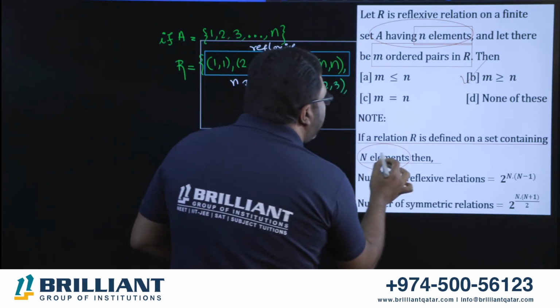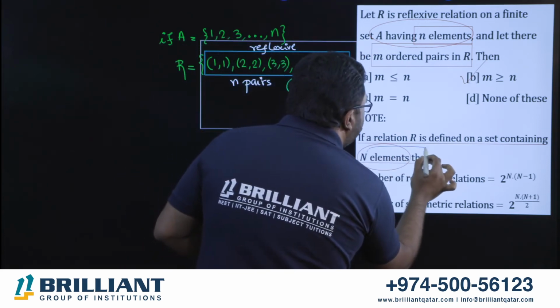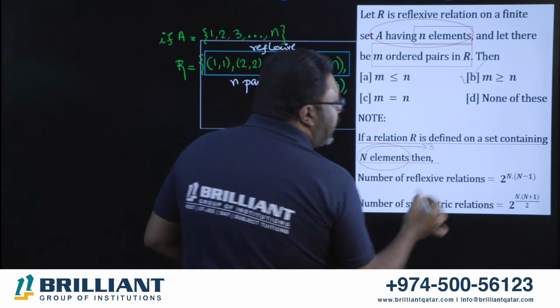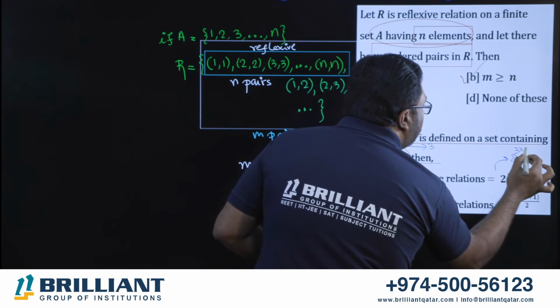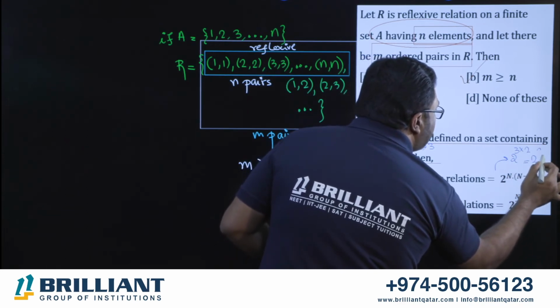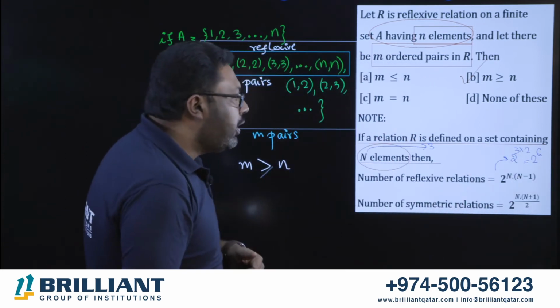To make it more clear, let's say that if n is 3, then the number of reflexive relations is going to be 2 raised to 3 into 2, that is equal to 2 raised to 6. So 2 raised to 6 reflexive relations can be formed.